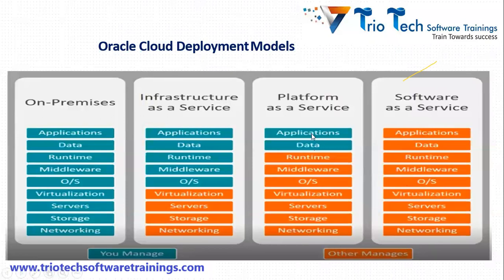Now we will understand the difference between software as a service, platform as a service, and infrastructure as a service. Currently, all the applications that Oracle provides are called standard applications by Oracle, like the financial applications, the supply chain applications, the EPM, enterprise performance management applications, and CRM, the customer relationship management applications.